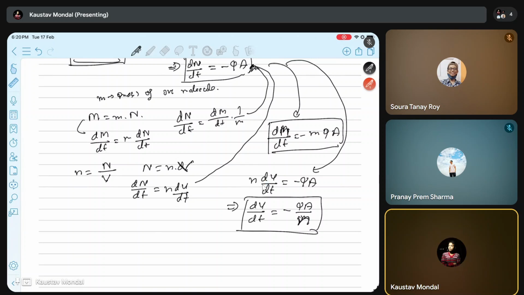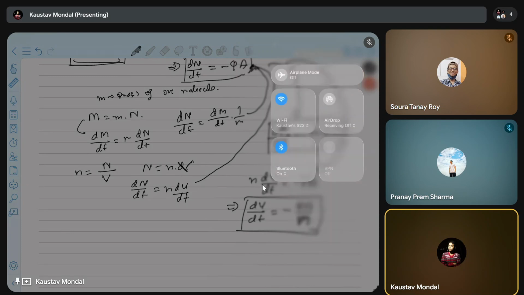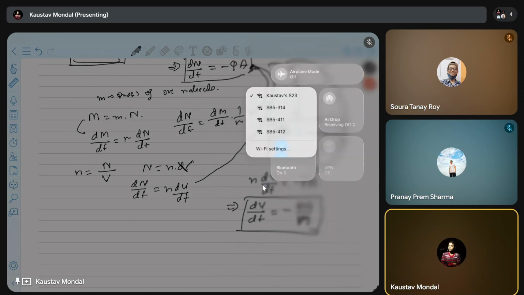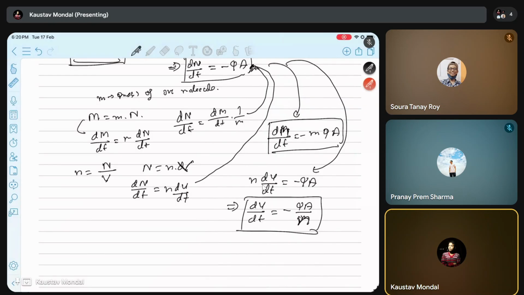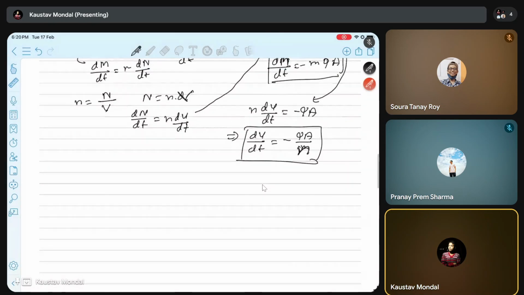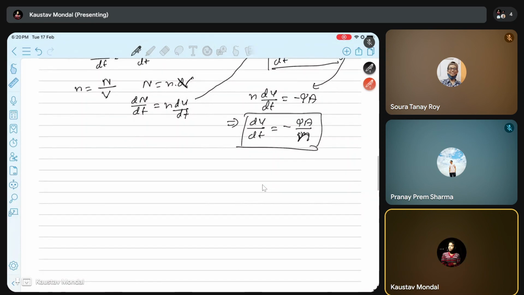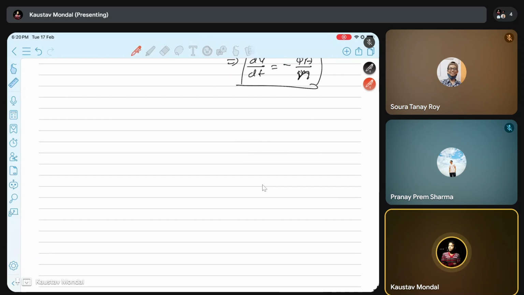Okay, so now we are going to today's topic. Today's discussion is about Brownian motion.